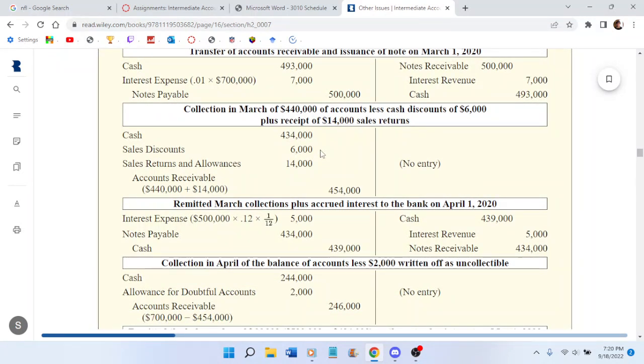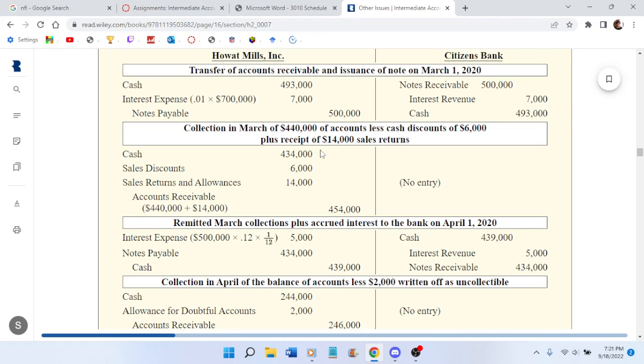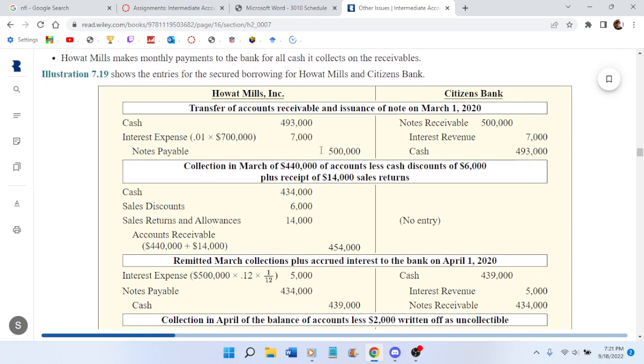Collection in March of $440,000. Wait. What's going on right now? Cash, interest expense, notes payable.